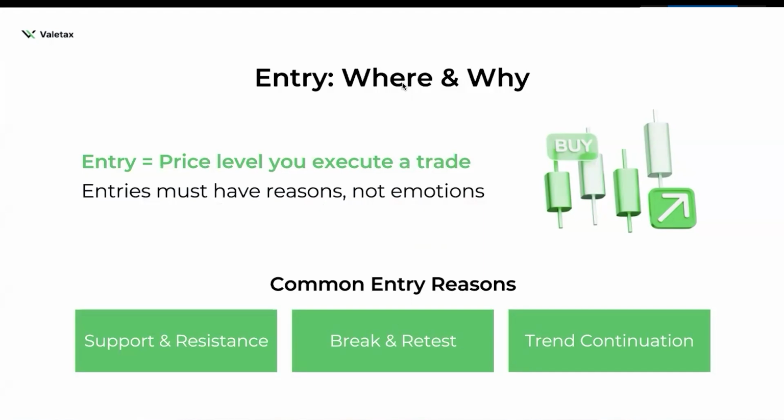It shouldn't be pure sentiment, but it should have structure that relates to why you want to take a trade. So common entry reasons for a lot of technical traders would be a support or resistance, a break and a retest, or a trend continuation, meaning that you're going in line with the market structure, you're respecting the candlestick price actions, and you have a full-blown confluence for why you're making an entry.